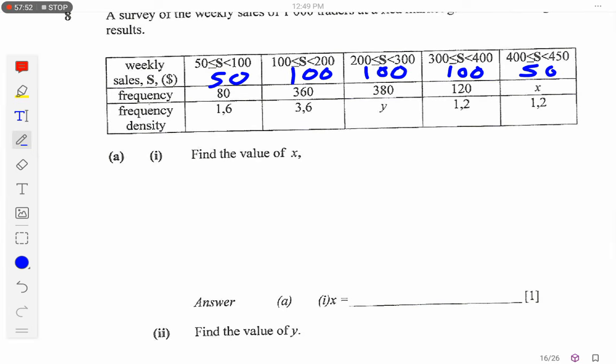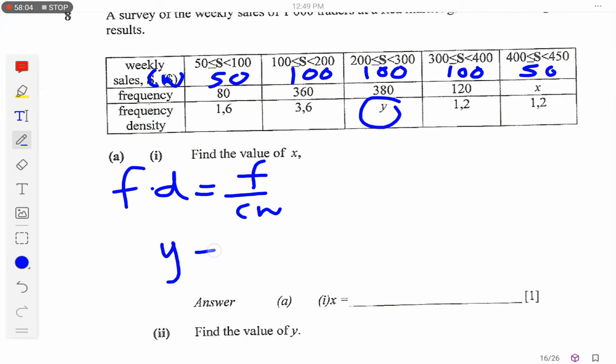So to find your frequency density is equal to frequency over class width. The class width that I've just written in blue there. So for our y, we can say y is equal to 380, which is our frequency there, over our class width, which is 100. So we get 3.8.